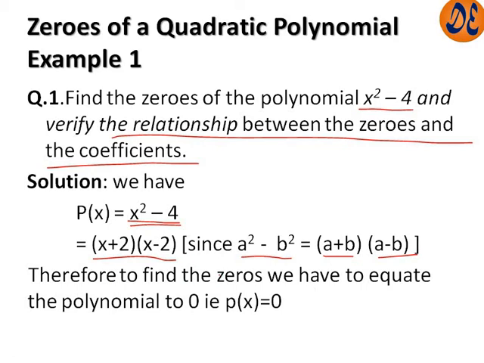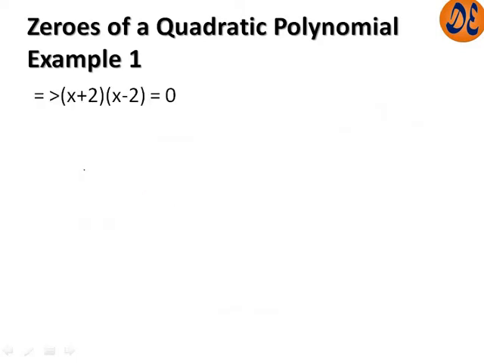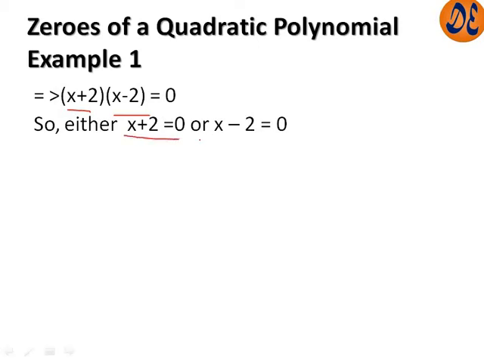Now to find the zero of this polynomial, we will have to equate p(x) to 0. That means we will have to solve this equation by putting (x plus 2) into (x minus 2) equal to 0. Then what will we get? Either x plus 2 is 0 or x minus 2 is 0.